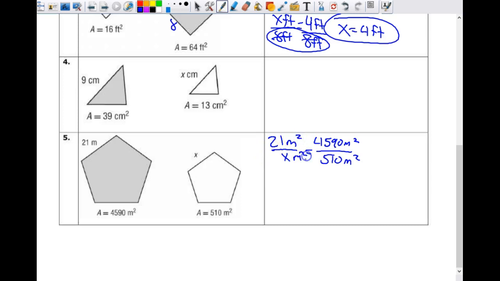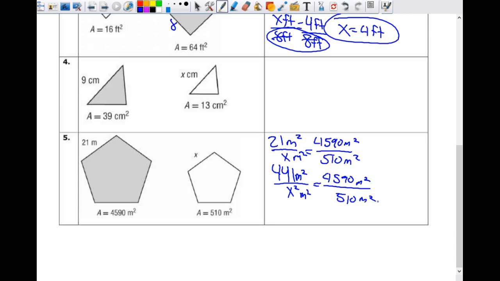Square this, square this. 21 squared is 441. So 21 squared over x squared is equal to 4,590 meters squared over 510 meters squared.